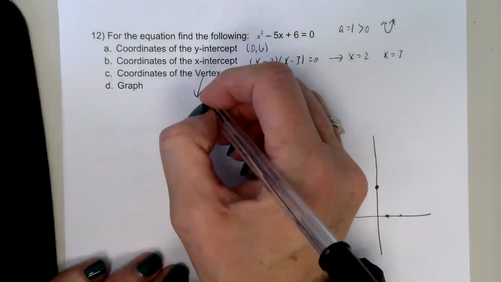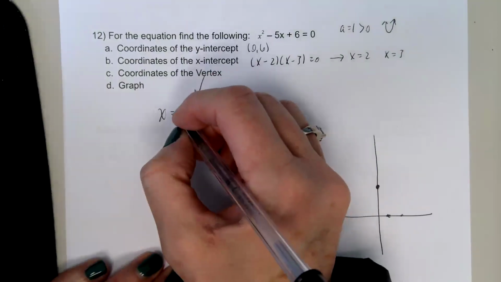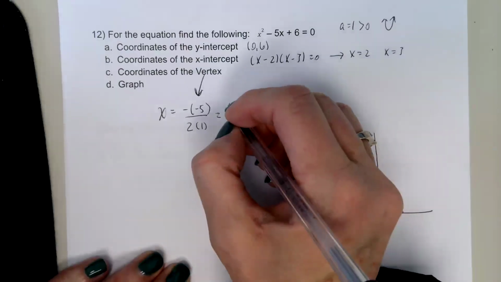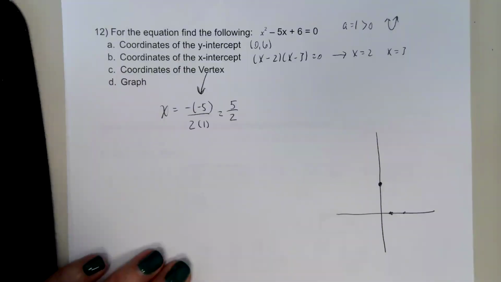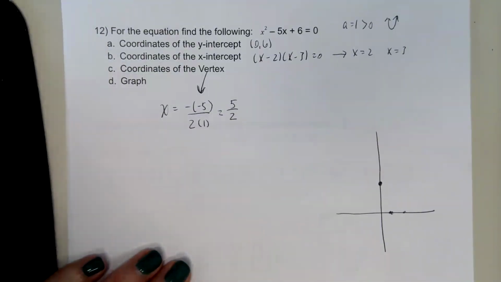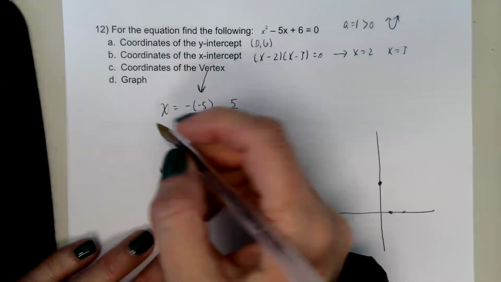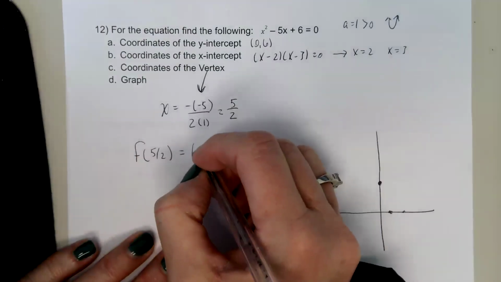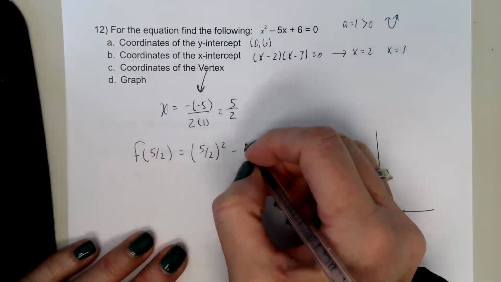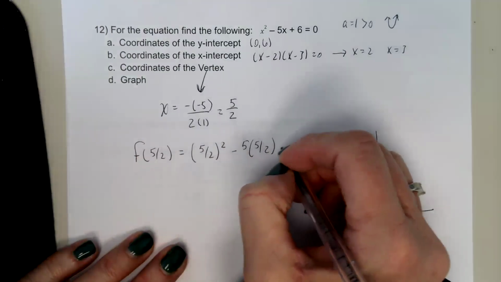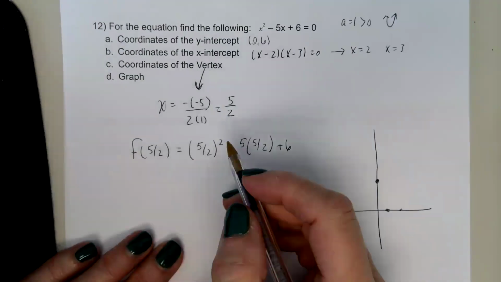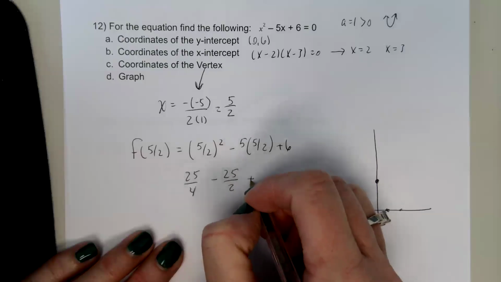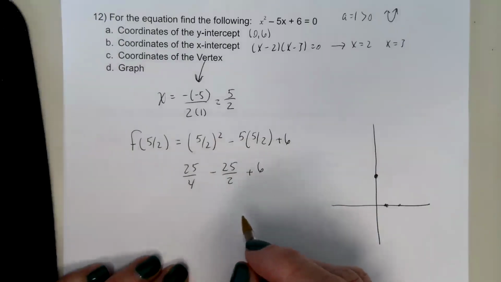And then my vertex, the x coordinate of my vertex is going to be the opposite of negative 5 over 2a. So that's a positive 5 halves. And so when I put 5 halves into my function, I need to find out what that comes out to be. So that's 25 fourths minus 25 halves plus 6. I need to get a common denominator of 4.